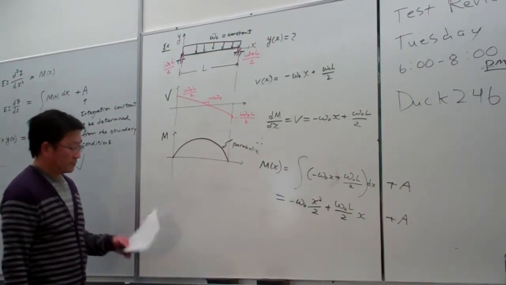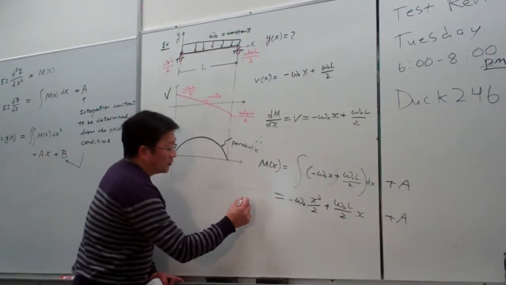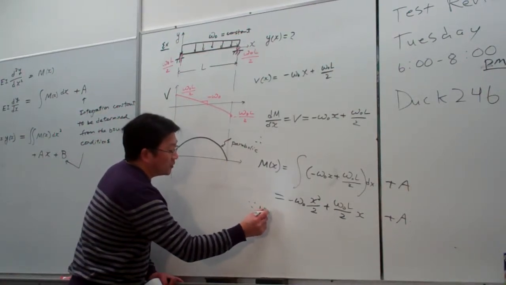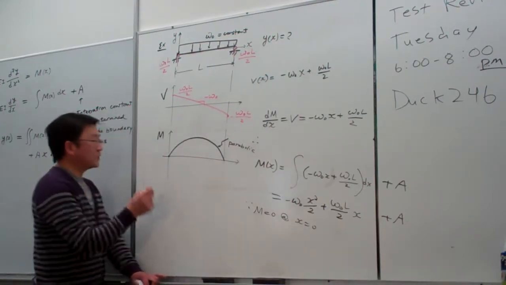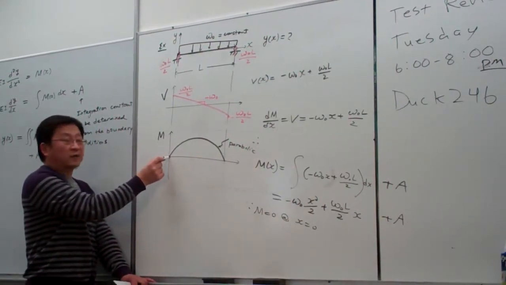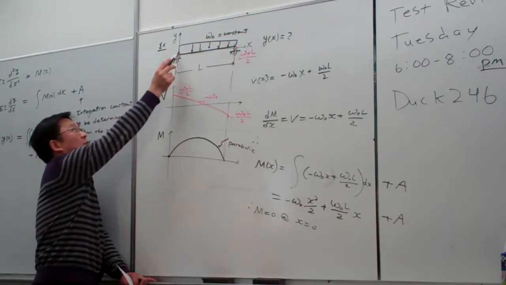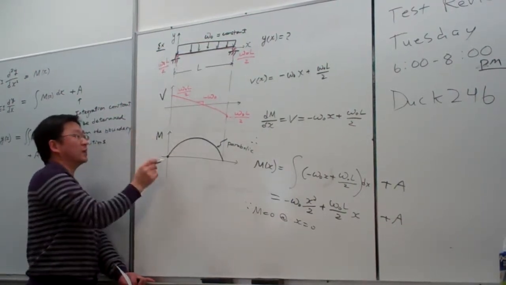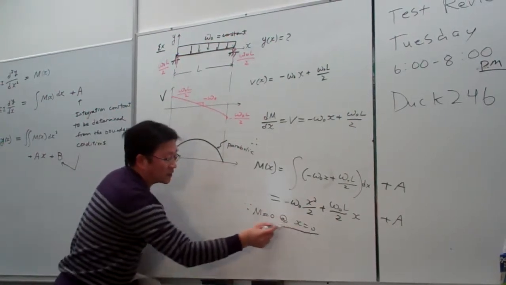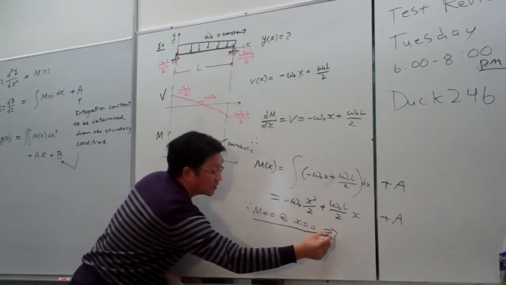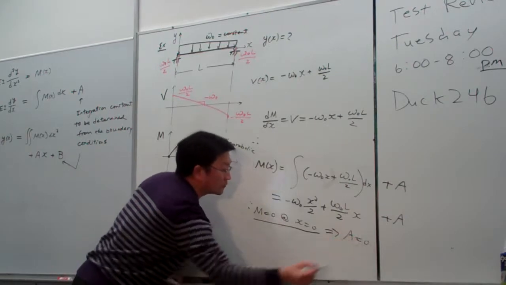Because M equal to 0 at x equal to 0, that means at this end there's no externally applied bending moment, so here M should be equal to 0. Corresponding to this boundary condition, we can calculate a equal to 0.